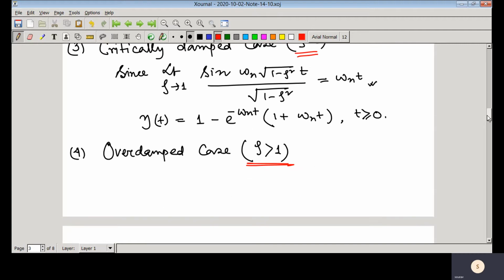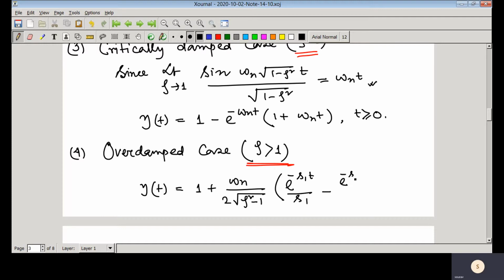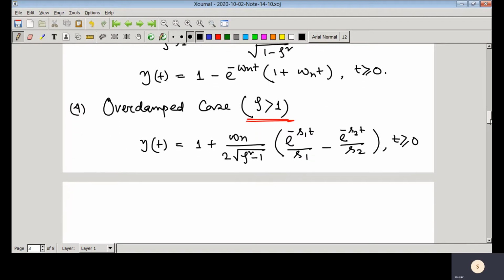If you apply the Laplace transform and inverse Laplace transform, you will get this expression. I am just writing that expression: y(t) equals 1 plus omega n by 2 square root of zeta square minus 1, where zeta is greater than 1 and you have two poles. One is e to the power minus s1 t divided by s1, minus e to the power minus s2 t divided by s2, and of course this time expression is valid when t is greater than or equal to 0.